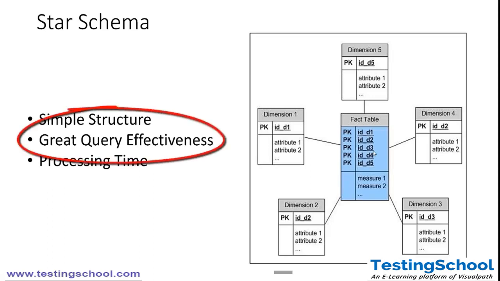It gives great query effectiveness because you have a limited number of tables. If you have the star schema as it is, which is one fact and five dimensions, your joins will be fewer at the database level. So a small number of tables leads to a small number of joins, which gives you more effective queries and better processing time.